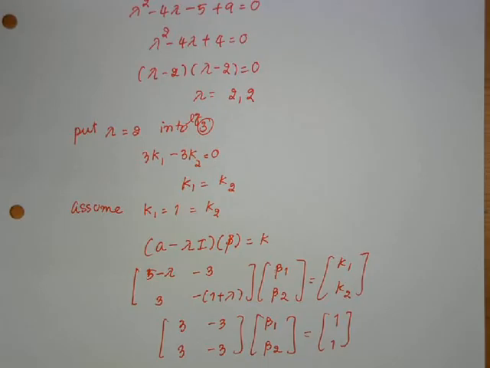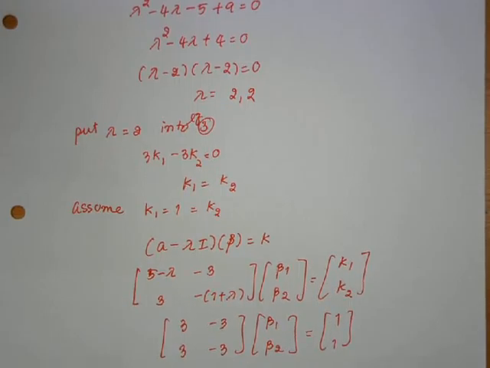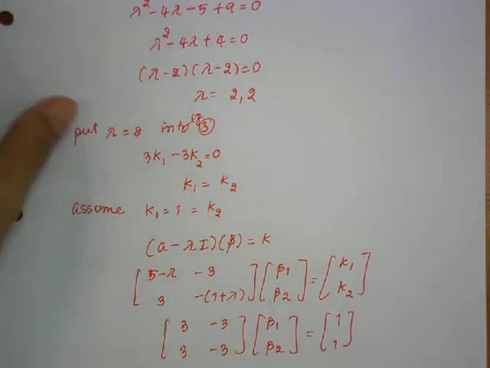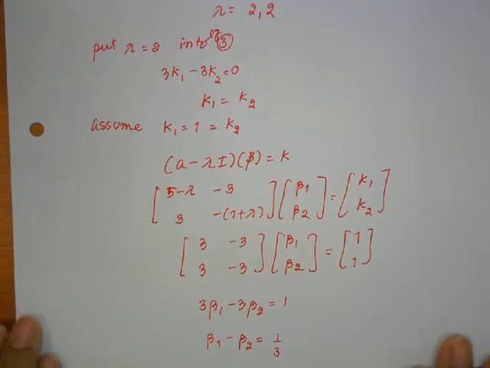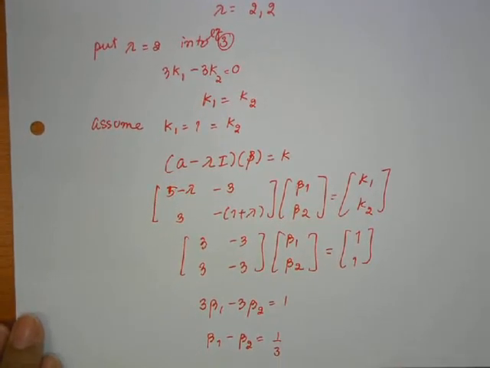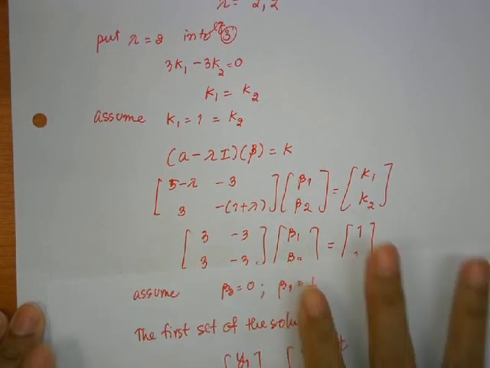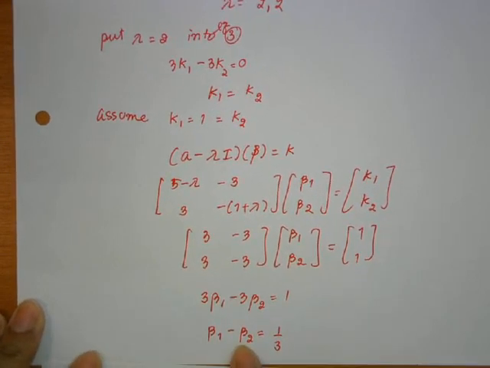So we would get beta 1 minus beta 2 is equal to 1 over 3. Because I assumed as I did before, let's have beta 2 equal to 0. If beta 2 equals 0, then beta 1 is equal to 1 over 3.